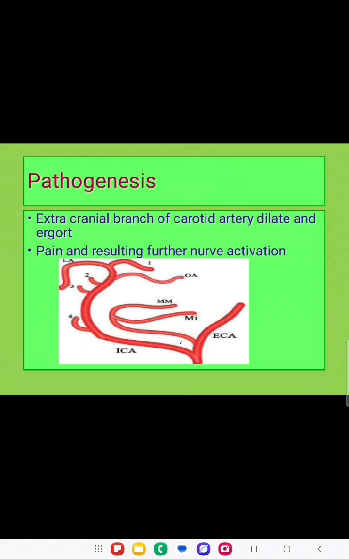Ergot means the swelling of the blood vessel due to increased blood flow and other features. This blood vessel dilation results in stimulation of the pain receptors and activating nerve activation.